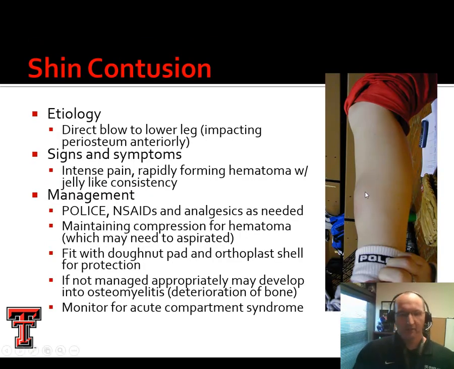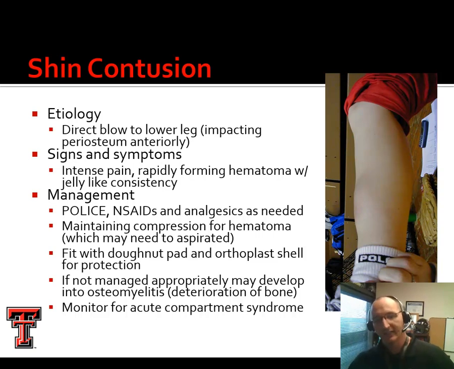Shin contusion, you see this big bruise here. This usually results from a direct blow. They get kicked, or a ball or an implement of some sort hits them. These are usually pretty painful because there's next to no soft tissue overlying the shin. It's relatively poorly protected. They may end up with a big hematoma with jelly-like consistency.